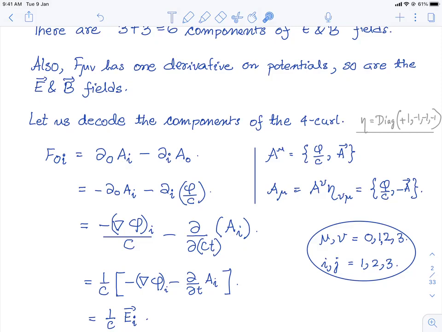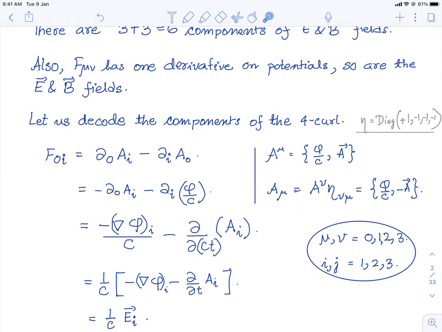So it might appear when I wrote this term down, I meant it is the ith component of A^i. But then you might think, why am I putting in this minus sign? It is because the ith component of A_i is basically minus A^i. So that accounts for this minus sign here.